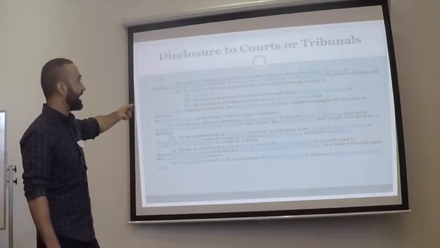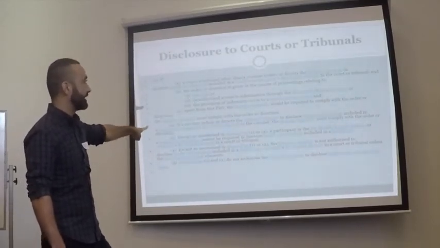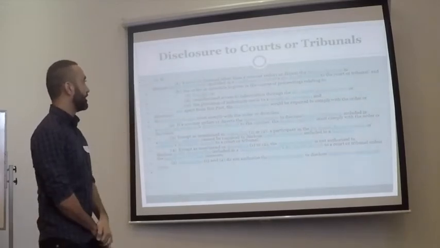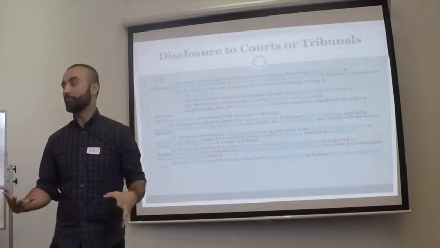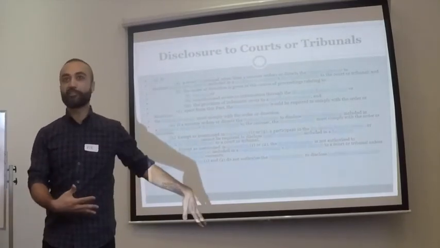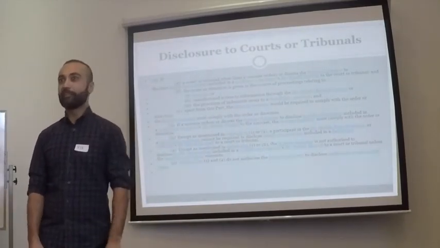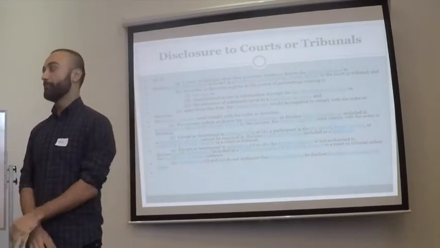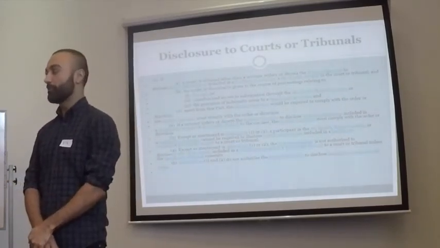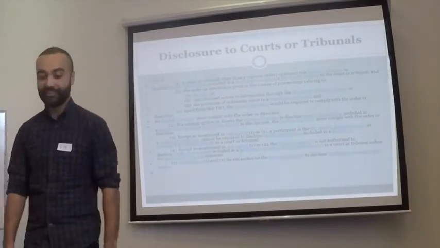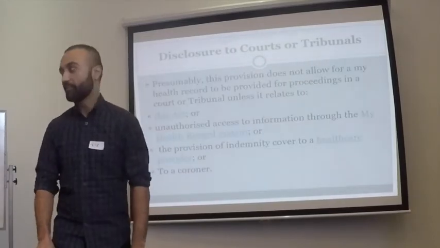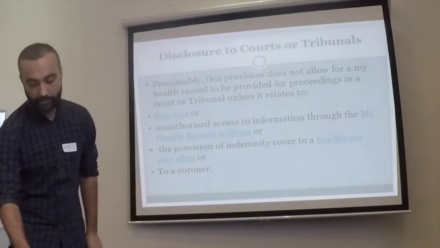So under this Act, or for unauthorized access to information, or through the provision of indemnity cover, or to the coroner. So it looks like they've stuffed up the section in trying to basically say that these are the only circumstances that your health information can be disclosed to a court or tribunal. They'll probably fix it later, when it's brought to their attention. But that was just something interesting that was in there.